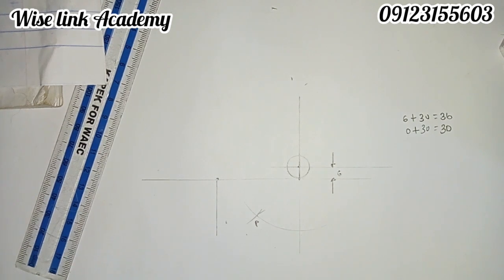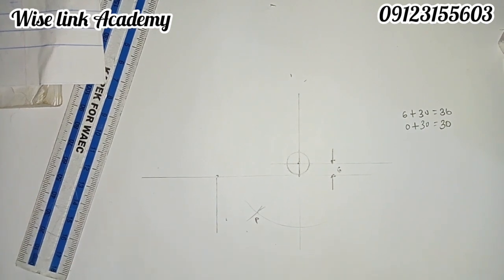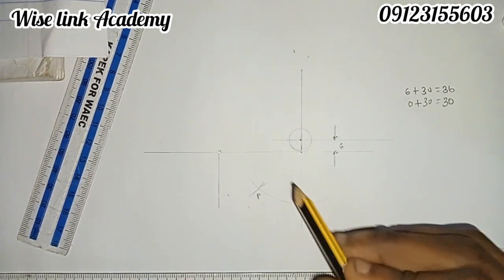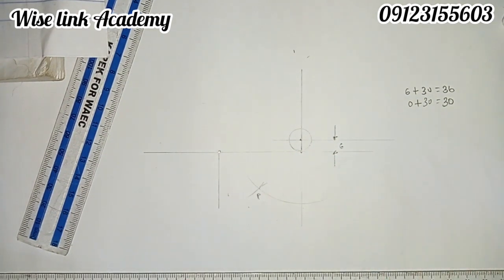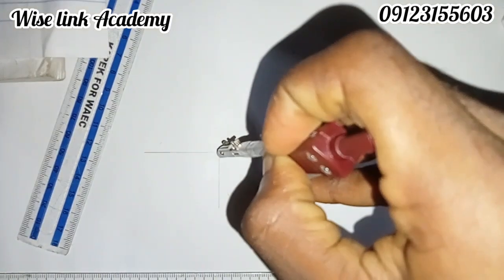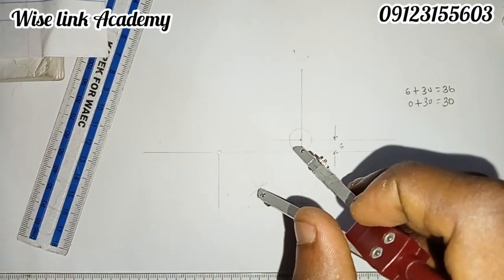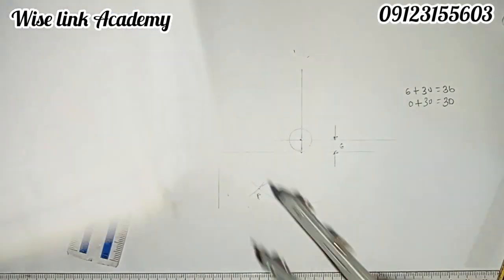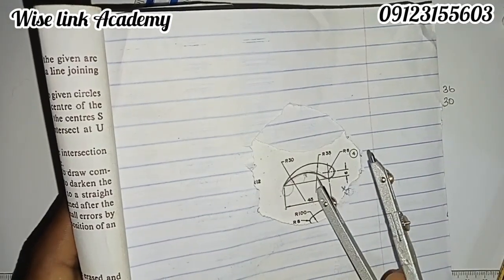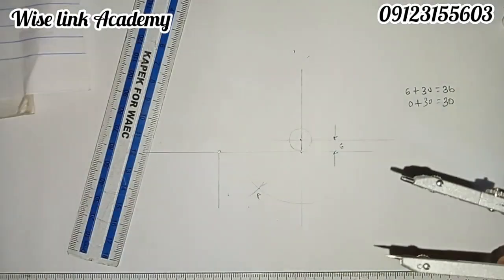So the next thing to do, let me show you. These are point P, isn't it? So you can do it in a different method. You can just place your pin of compass here and then you gauge it, isn't it? Or you take the measurement of this radius, this arc, which is 30. You can measure 30.